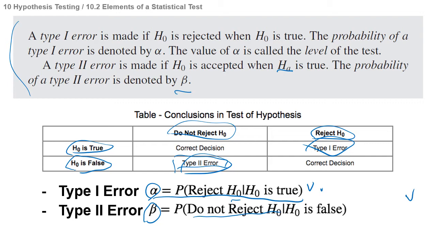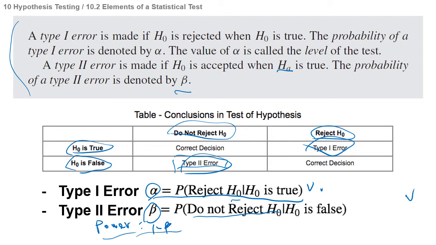And actually there's one more thing, we call power. The statistical power of a test is 1 minus beta. This is another definition, and this power implies the probability of effectiveness of the test.